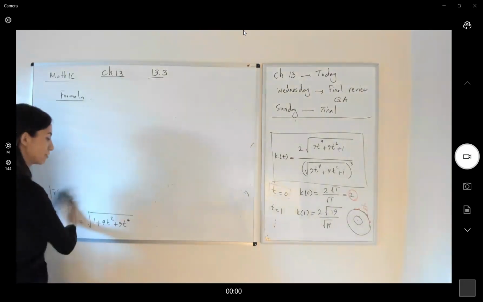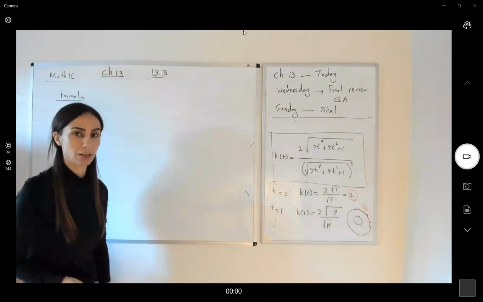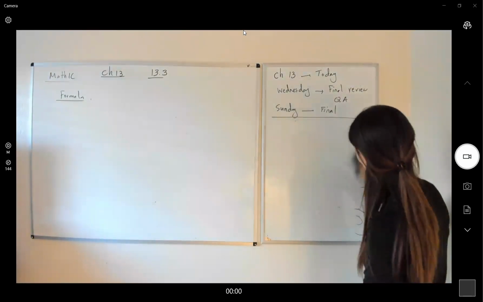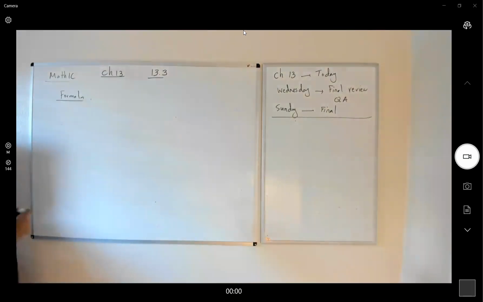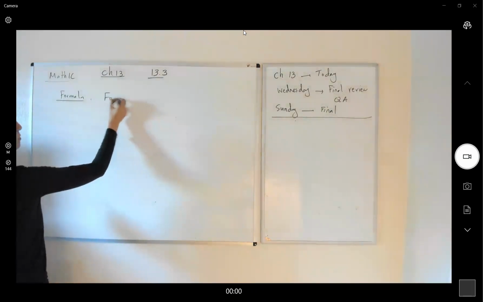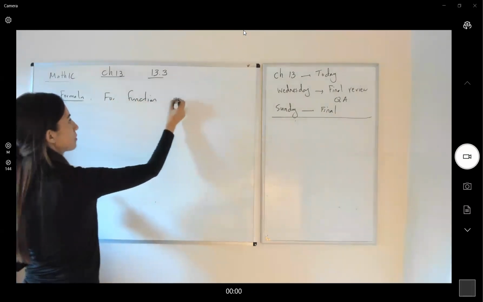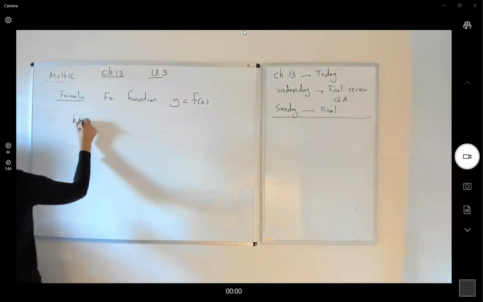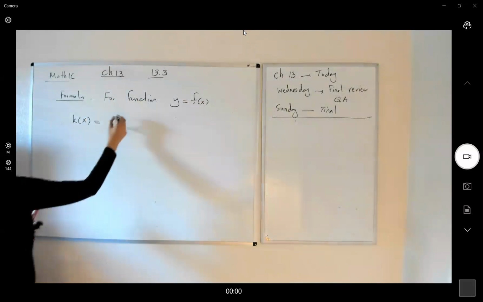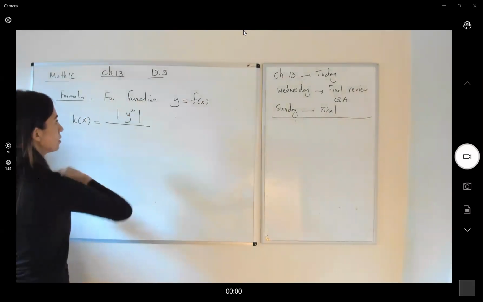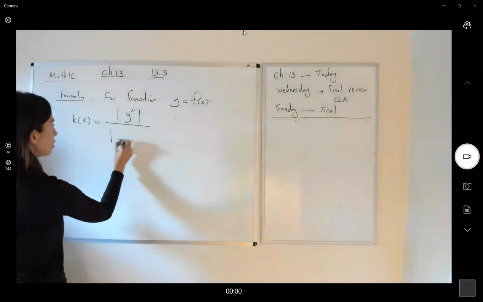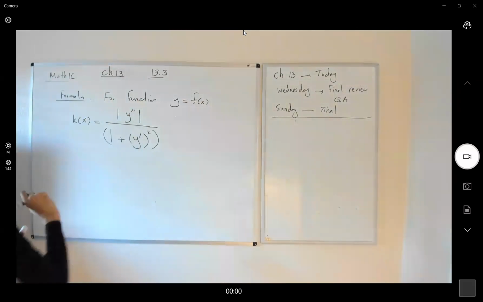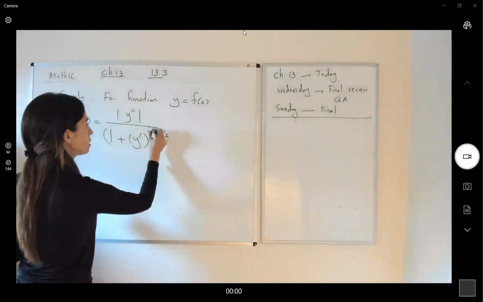If you have a formula for your function, y depends on x, without using any vector function, in this case, the curvature for the function y equals f of x is calculated as you take the second derivative of your function and divide it by 1 plus y prime squared, and you raise everything to the 3 halves.